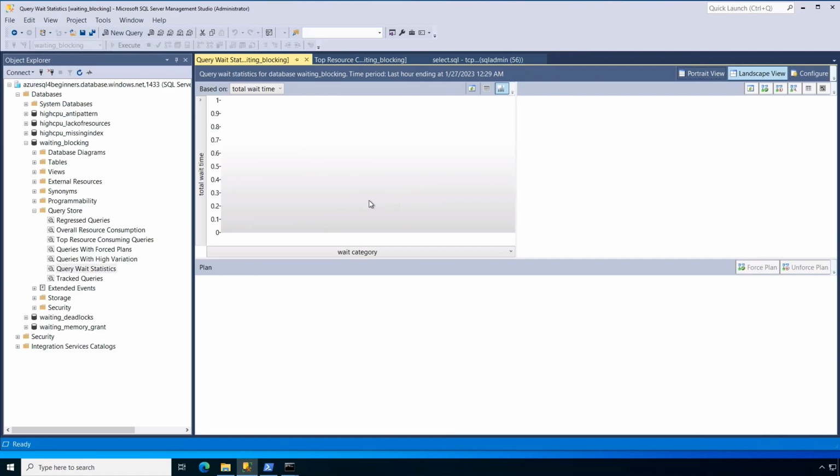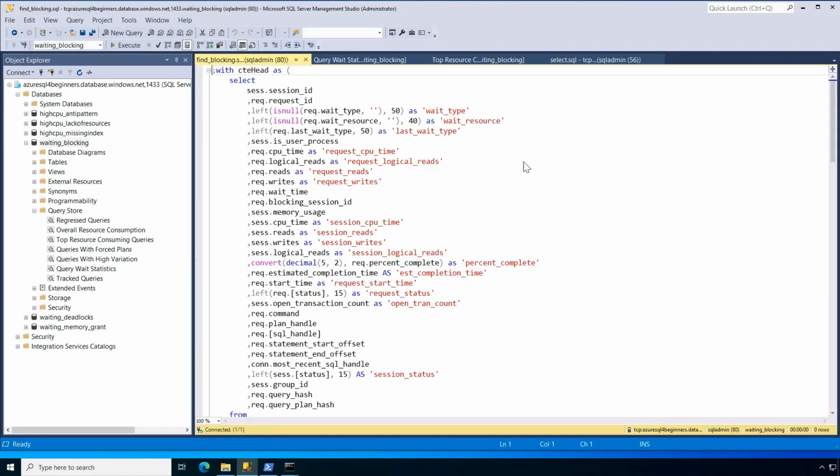And this is where our dynamic management views come into play. Now this query looks daunting, but don't worry about the syntax because it's all in the Azure SQL workshop for you to interrogate. But if you scroll down and look at this example, you can see how we're going to join the result of several different DMVs together to help us look at a blocking problem. And these are different columns. We're going to look at the results to see what a blocking problem looks like.